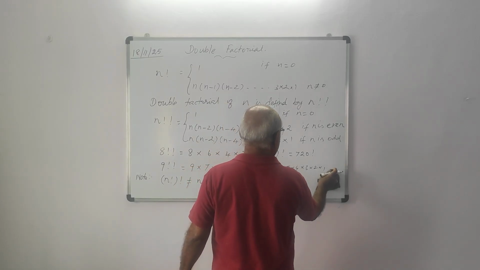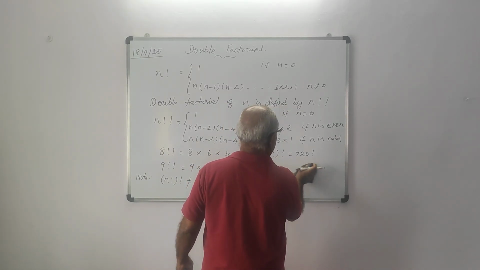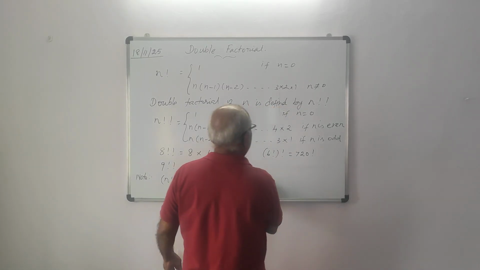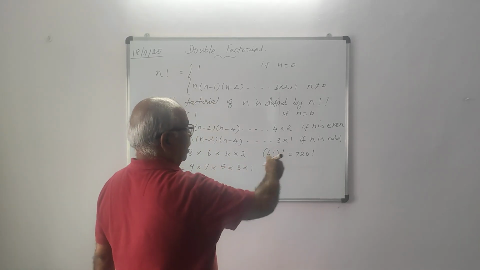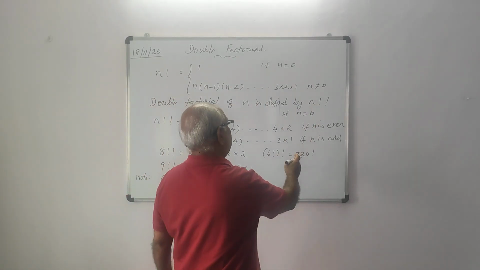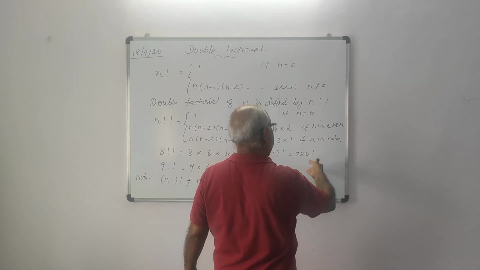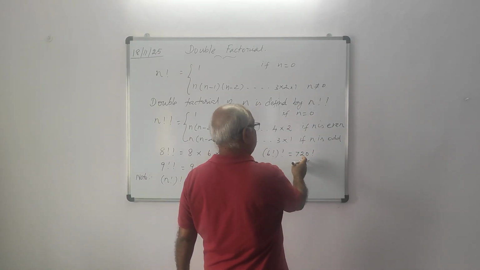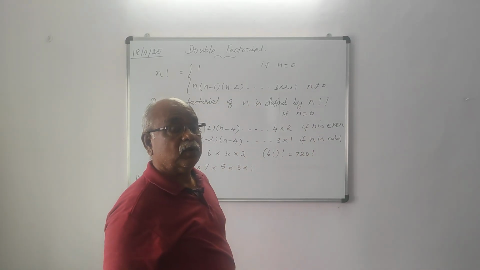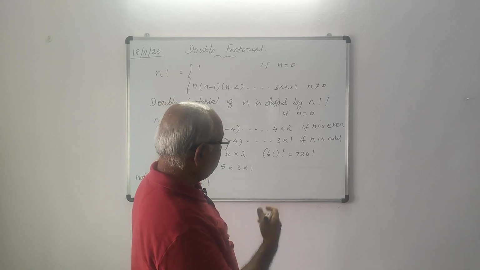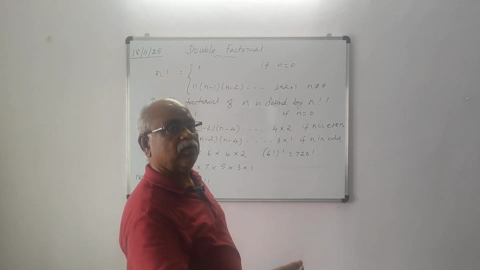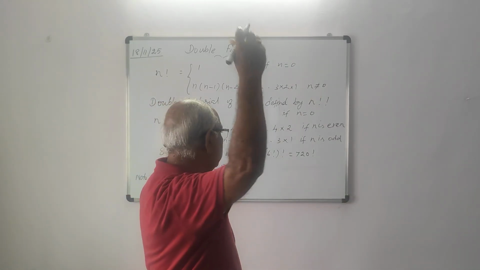That means 720 into 719 into 718, etc., up to 1. It's a very big number you get.